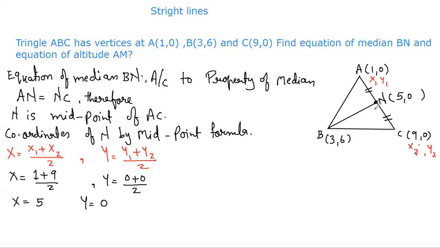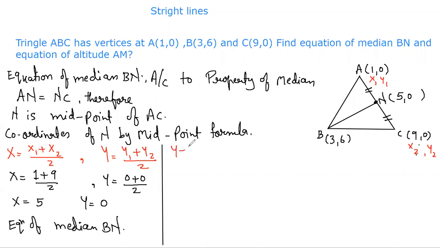Now we got the coordinates of N. Our question was to find the equation of median BN. To find the equation of any line in mathematics, we use the equation formula for a line: y minus b equals m times (x minus a).